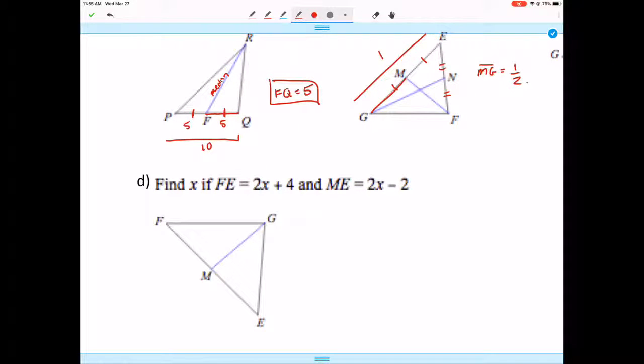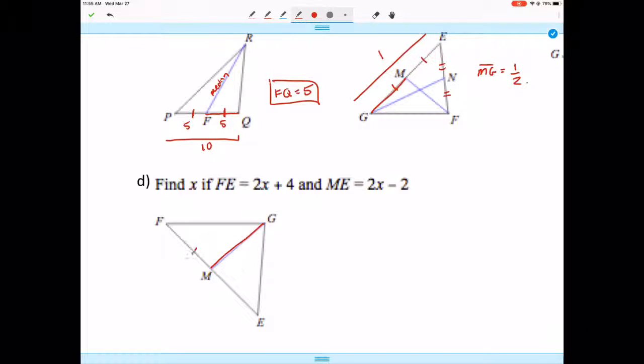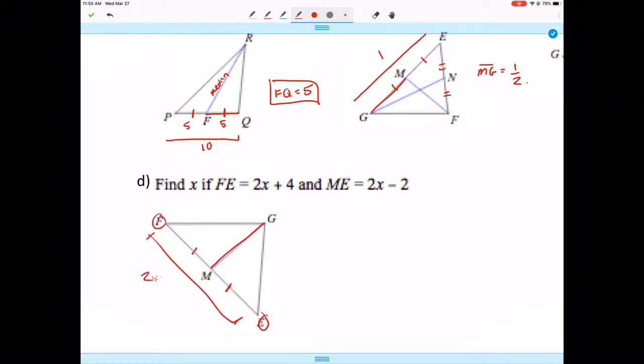D. Find x. So here, before we even look at that, we know this is a median. So that means that this is congruent to that. Find x if FE, which is the whole length, is 2x plus 4, and ME is this part.